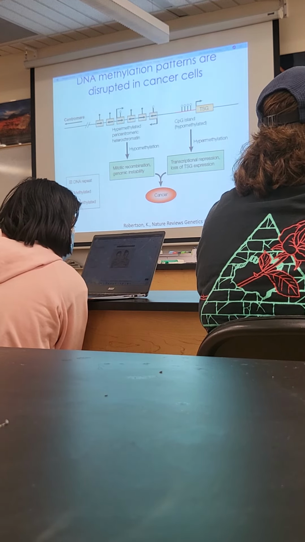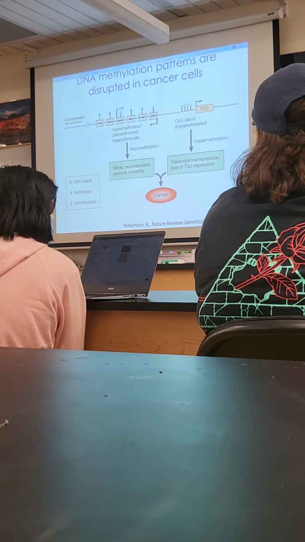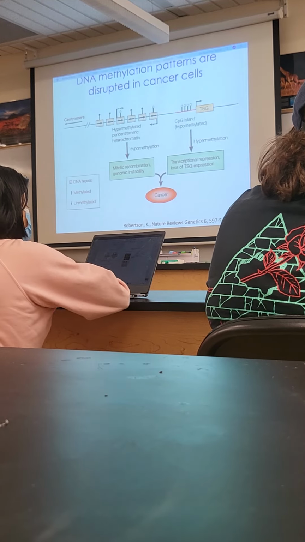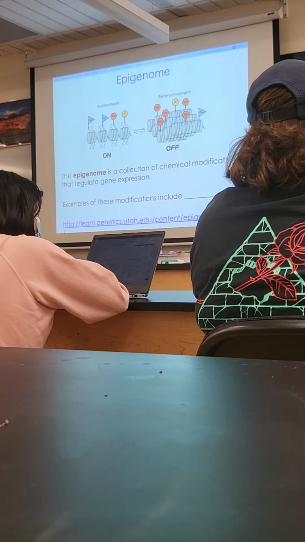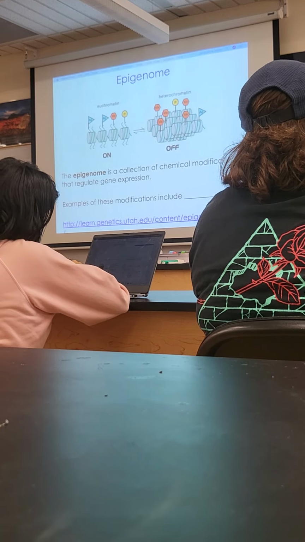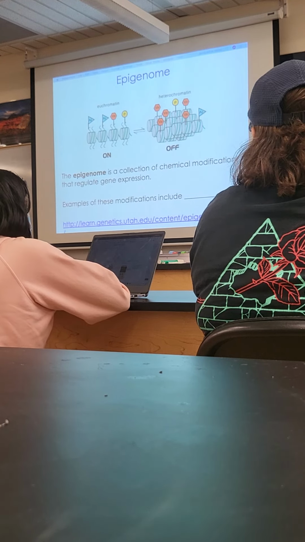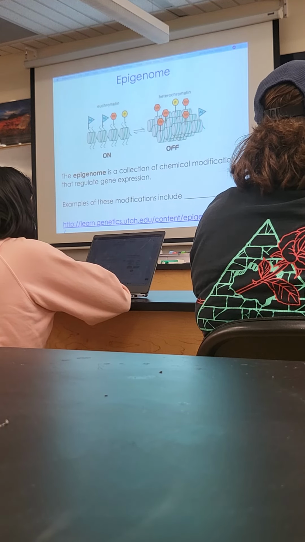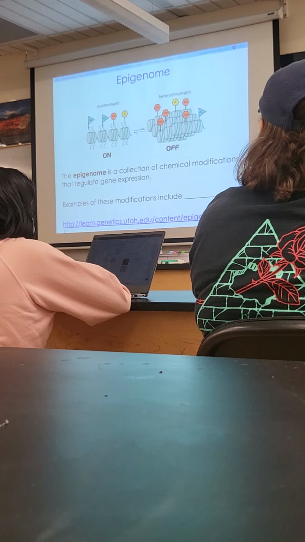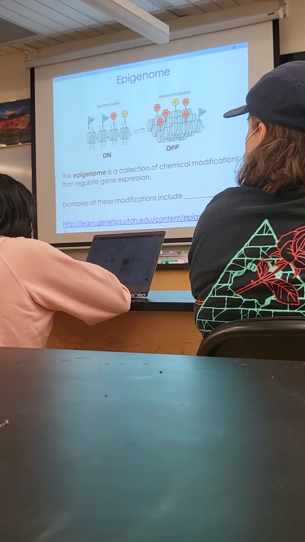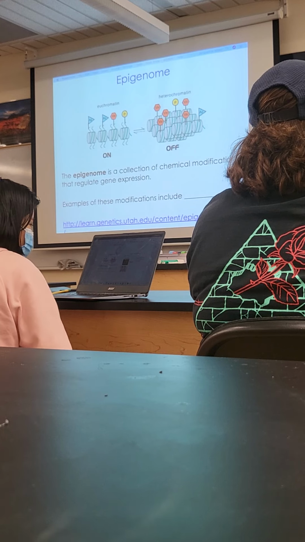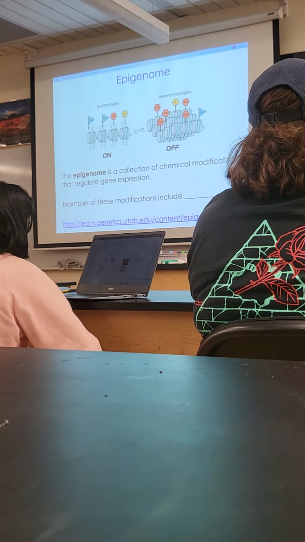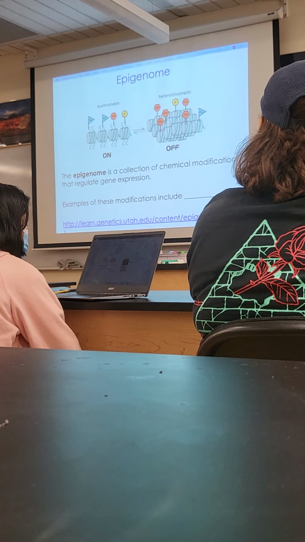Sometimes it's actually in the epigenetics, in the way that cells are expressed, whether they're turned on or off. So here's that definition. The epigenome is a collection of all of those chemical modifications, the acetylation, methylation. There are other modifications too. You can see phosphates, phosphorylation. Those are examples that can be part of the epigenome.